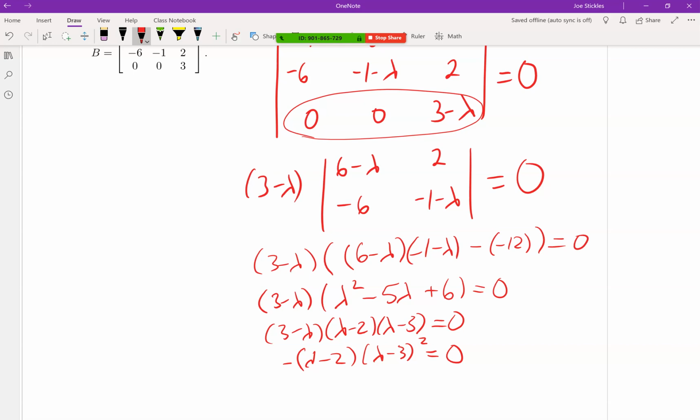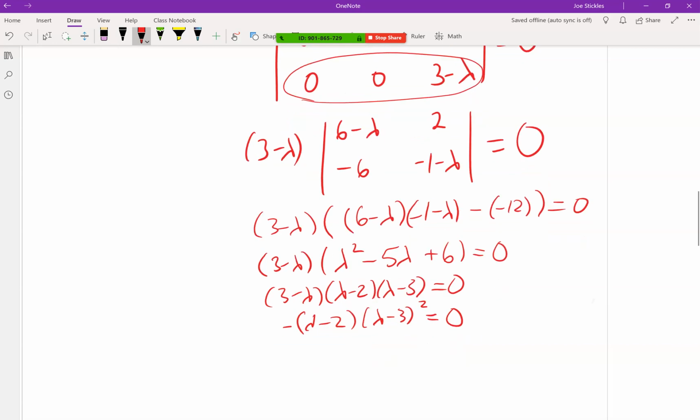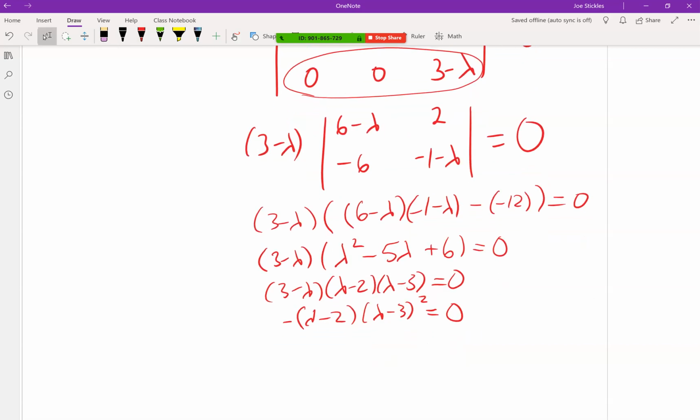So notice that I get a repeated root here for this polynomial. I've got that lambda minus 3 squared. So we don't have, in this case, 3 distinct eigenvalues. In the previous example that we did at the end of class last time, we had 3 distinct eigenvalues.